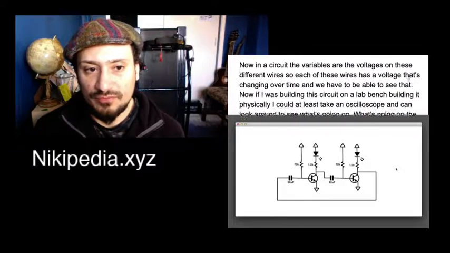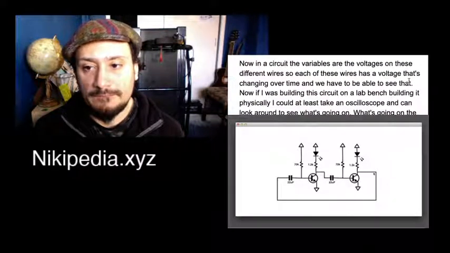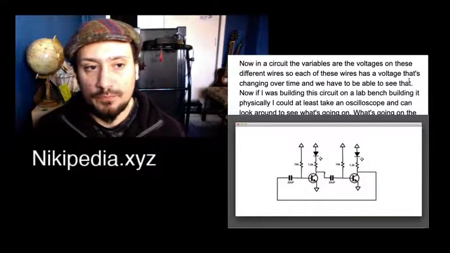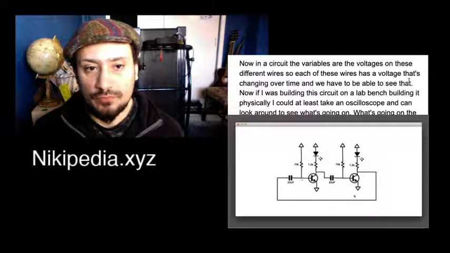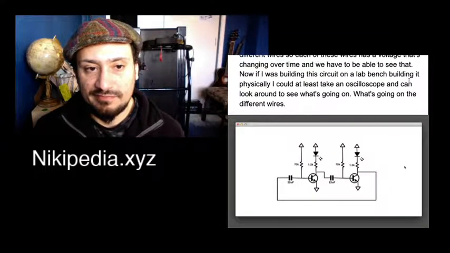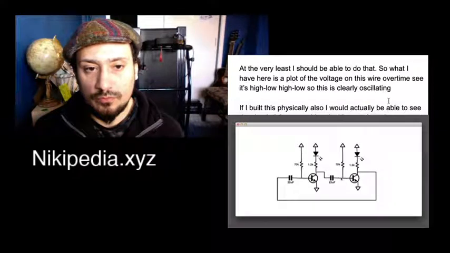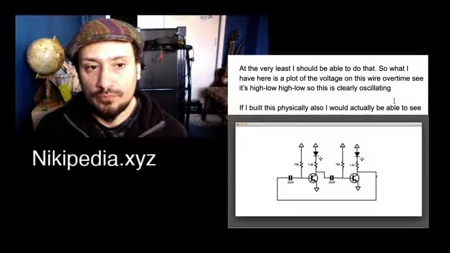Now, in a circuit, the variables are the voltages on these different wires. So each of these wires has a voltage that's changing over time, and we have to be able to see that. Now, if I was building this circuit on a lab bench, building it physically, I could at least take an oscilloscope and kind of poke around and see what's going on in the different wires, what's going on here or here. So at the very least, I should be able to do that.